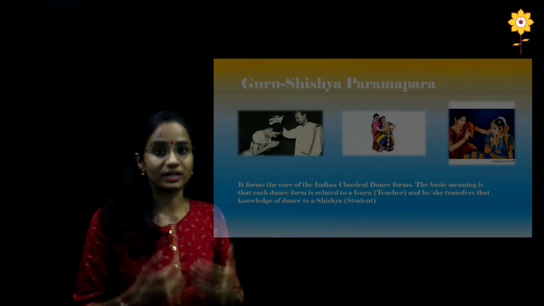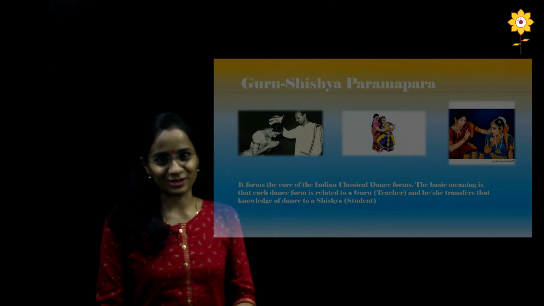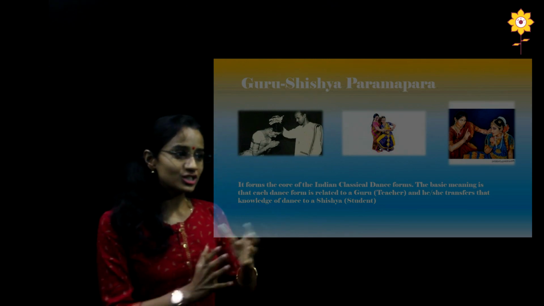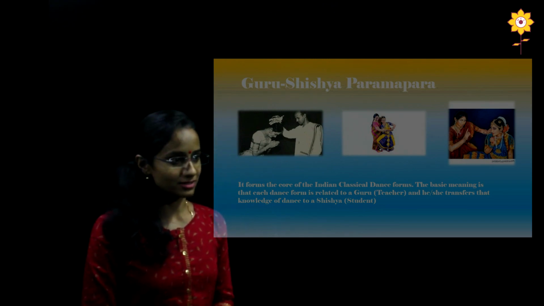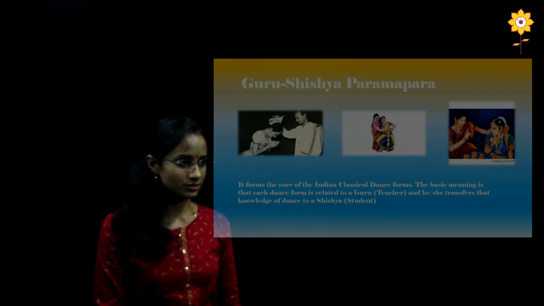Arangetram is the first time when the learner becomes a performer, performing in front of the audience. So Guru Shishya Parampara is given a lot of importance in classical dance, where a Guru transfers the knowledge to her student.